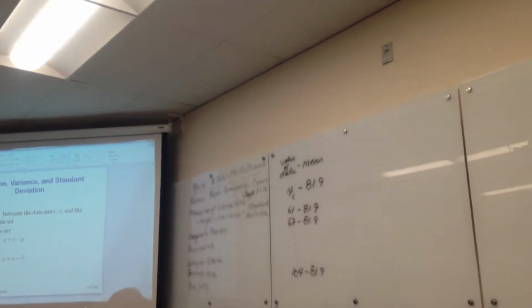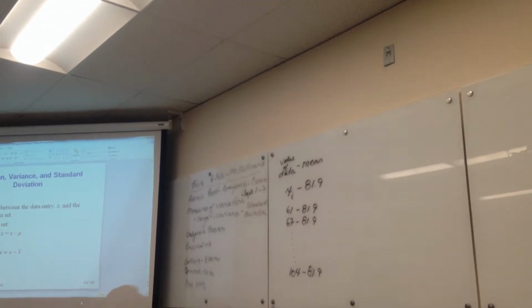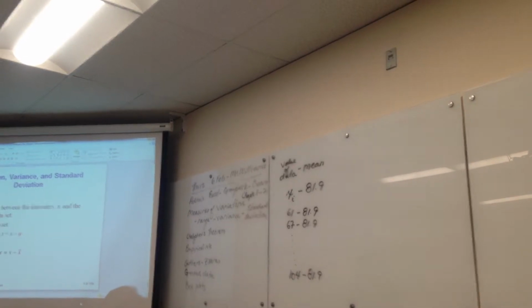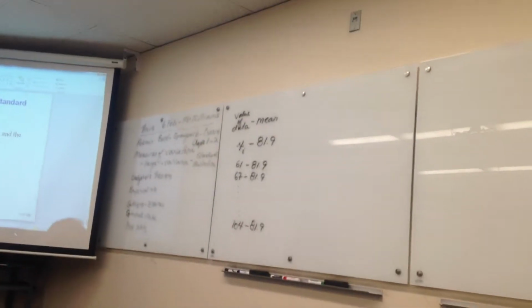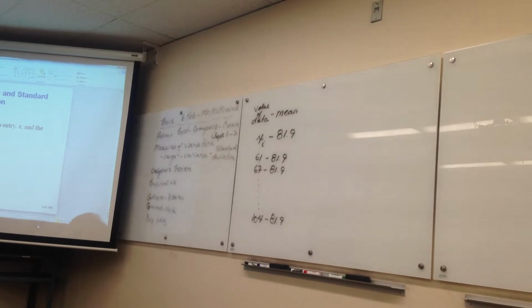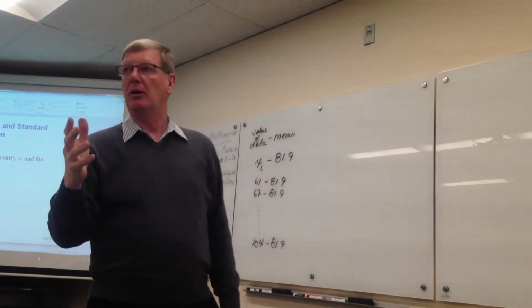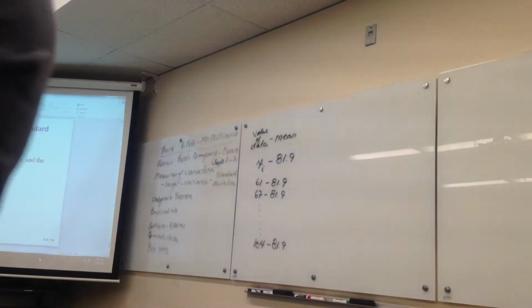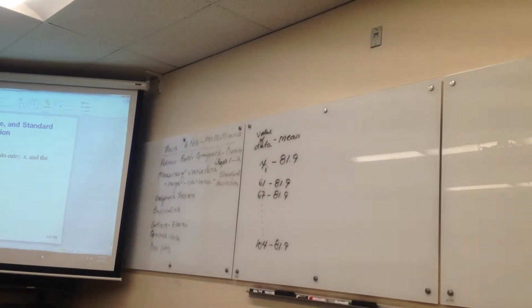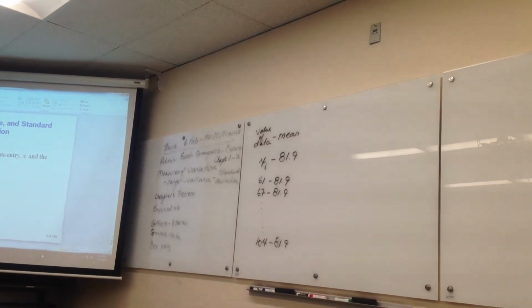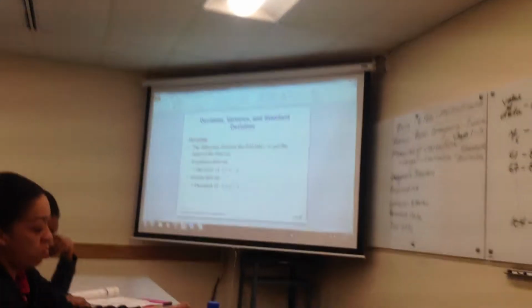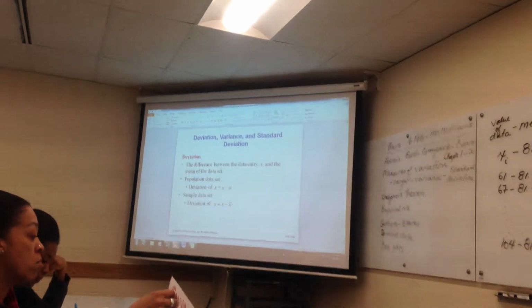Huh? 0. Yeah, why 0, Nick? Who said 0? You or Tyler? You said 0. Great guess then. And Nick is absolutely right. It's 0. Why is it 0? No, don't divide by anything, just add them all up.